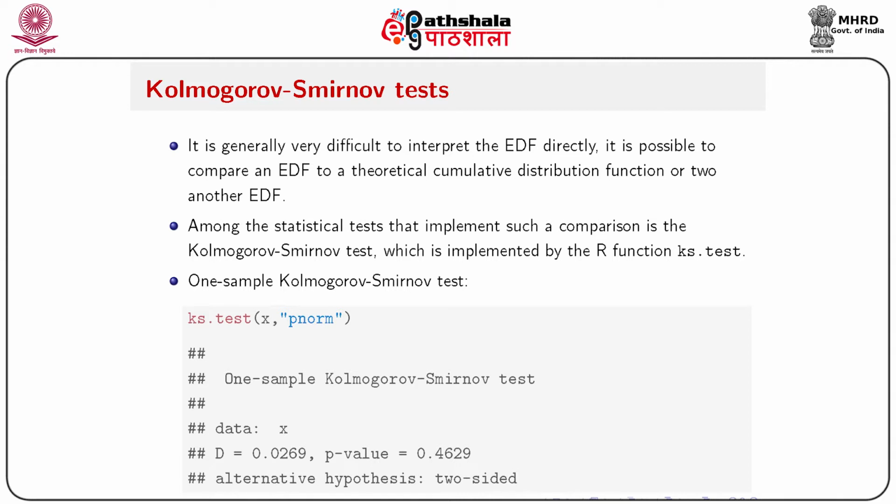A one-sample Kolmogorov-Smirnov test can be applied in this form: ks.test x, pnorm. So x is what we generated from a standard normal distribution, and the null hypothesis is pnorm, as given. If it is not significant, that means it is a normal distribution. The p-value is 0.6081, so it is not at all significant. That means the null hypothesis is true, that it is normal.